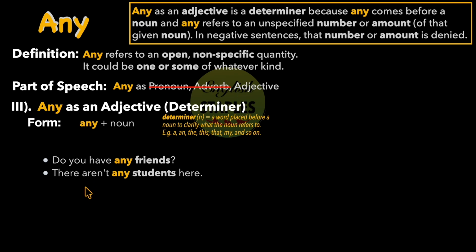So the negative sentence denies the existence of the quantity represented by any. In other words, the word aren't denies the unspecified number that any represents. We could say here for negative sentences, any opens the door, but negative slams the door shut.